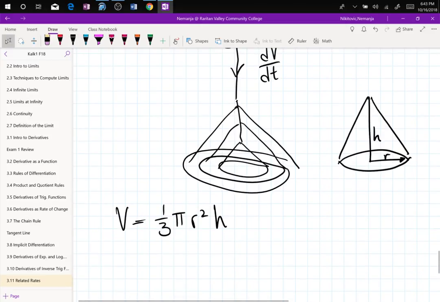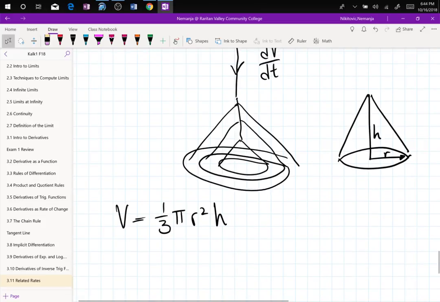That's the volume for the cone. So we need to classify all of these formulas so we know how to get them easy. So once we have this, now please note that the radius is a variable as well. We talked about it earlier. Depending on the height of the cone, the radius is different. So now, if you take the time derivative, you are talking about the product rule.